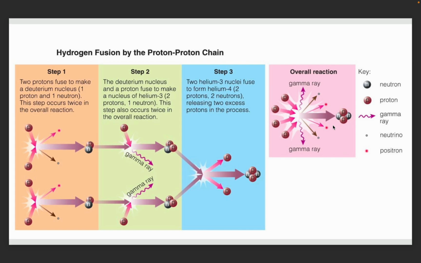So the overall reaction is 4 protons giving 2 neutrinos, 2 positrons, 2 gamma rays, and 1 helium 4. These neutrinos and positrons are emitted in the very first step.